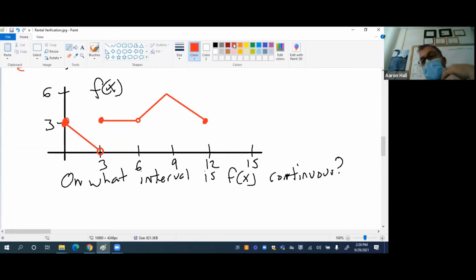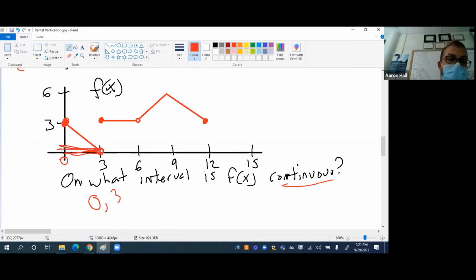What is my interval, or one of my intervals? Catherine, what do you think? I'll start out 0 to what? I'm going from 0 to what as continuous? 0 to 3. Okay, I agree with you. So we're saying that all this interval here is continuous. Does everybody agree?